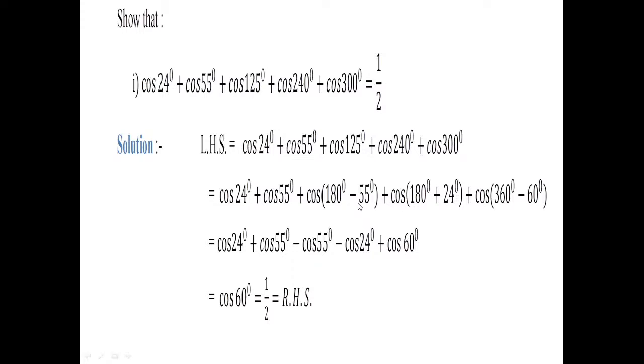So cos 24 minus cos 24 cancel, cos 55 minus cos 55 cancel, and only cos 60 degree remains, which is equal to 1 by 2, RHS.